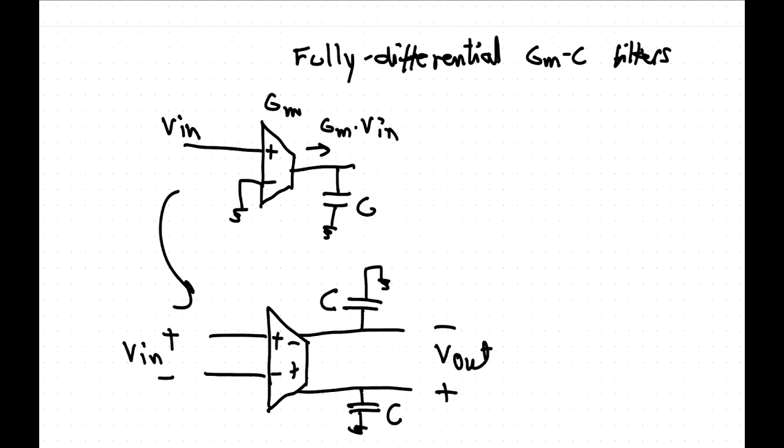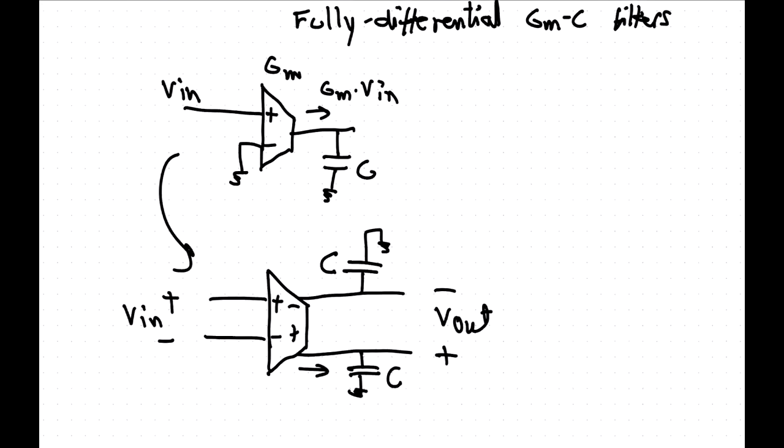So we want to make sure that the current flowing out here is half of the current flowing out there, so we only have half the voltage change here, because we'll get minus half the voltage change over there. So depending on how you define it, we want that current there being 1/2 times GM Vin, and that current there being 1/2 times GM Vin.